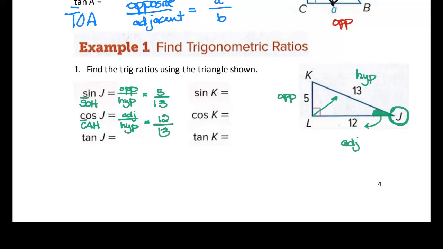Finally, we have the tangent, that's TOA, T-O-A. The tangent is the opposite side divided by the adjacent side. So that trig ratio is going to be 5 divided by the adjacent, which is 12. Any questions about that?